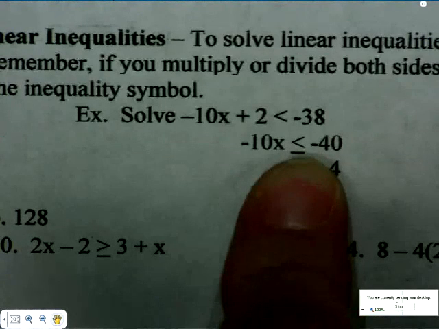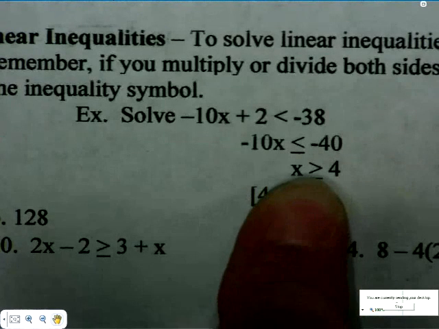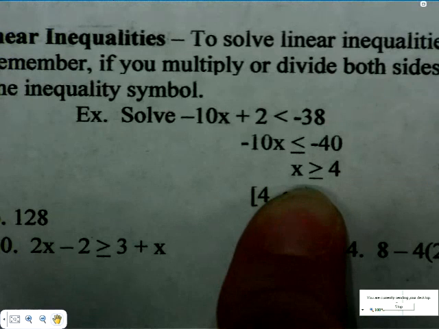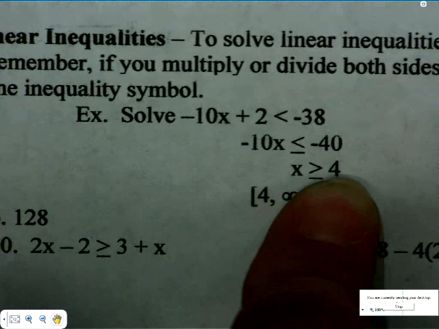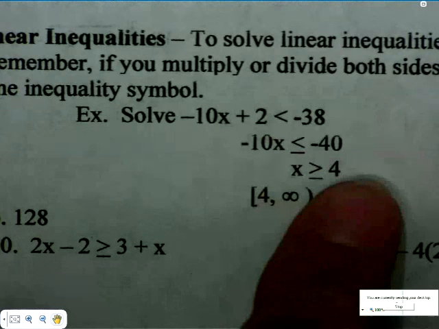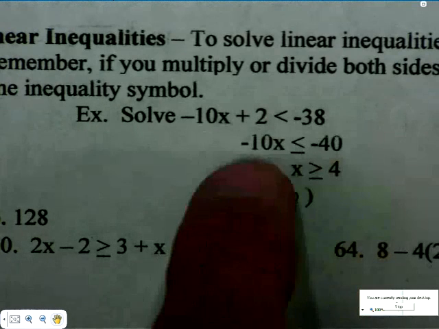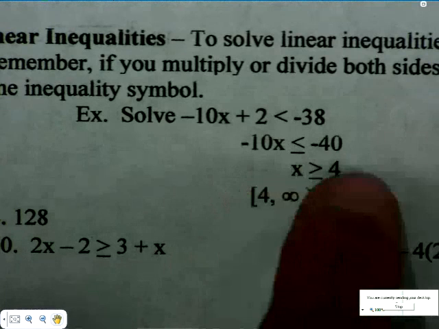Reverse that symbol. If you have negative 10x is less than or equal to negative 40, then the solution is going to be x is greater than or equal to 4. All you have to do is pick a number bigger than 4 to see if it works. If you try, let's say 5, you're going to have negative 50 is less than negative 40.